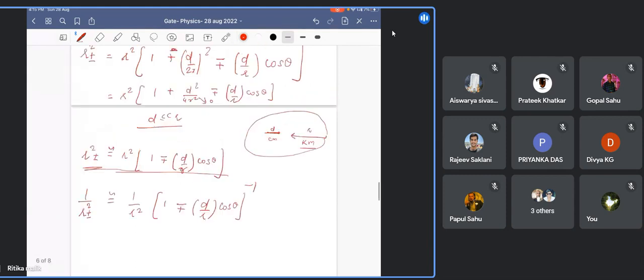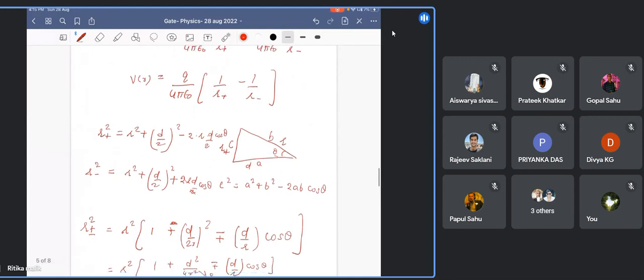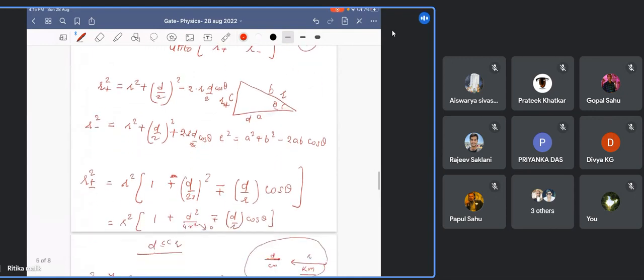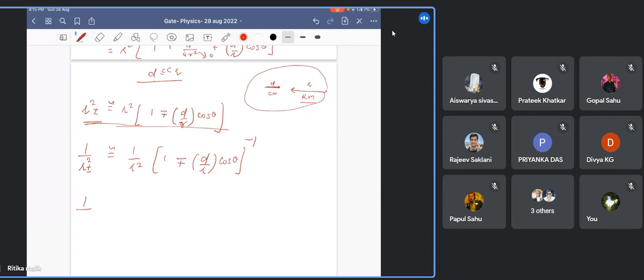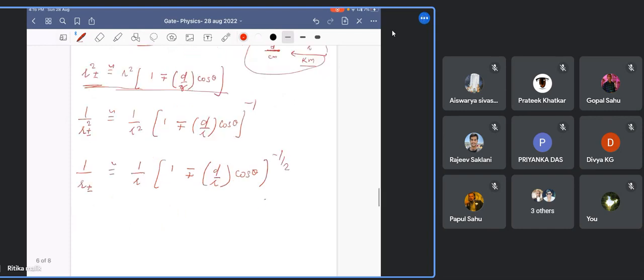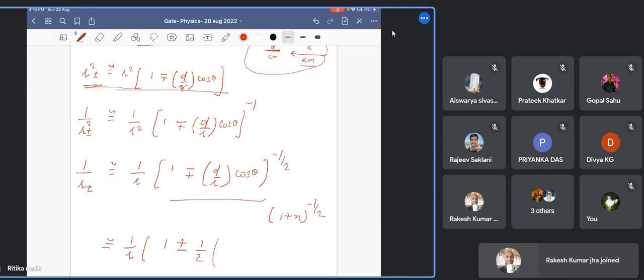And since we want to know 1 by r plus and 1 by r minus, we will just take the square root on both sides, and we are left with 1 by r times 1 minus plus d by r cos theta to the power minus 1 by 2. And we can expand this as 1 plus x to the power minus 1 by 2. So the expansion will reduce this minus plus sign and we are left with 1 plus minus 1 by 2 due to this exponent, times d by r cos theta.